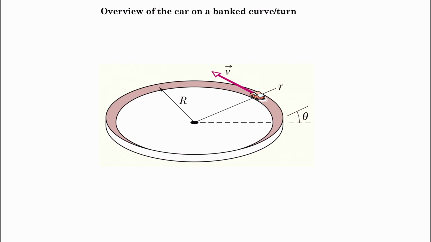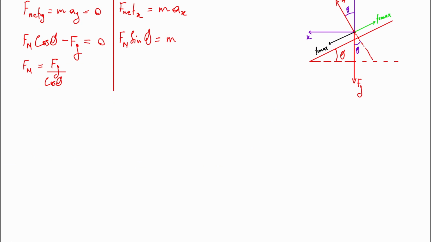This is the direction which is toward our center. This is the direction we have designated as the direction of centripetal acceleration. So in the x direction, the type of acceleration we have here is centripetal, which means we can replace this acceleration with v squared over r. This is going to be v squared over r.